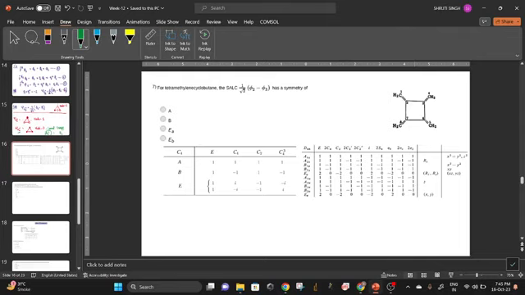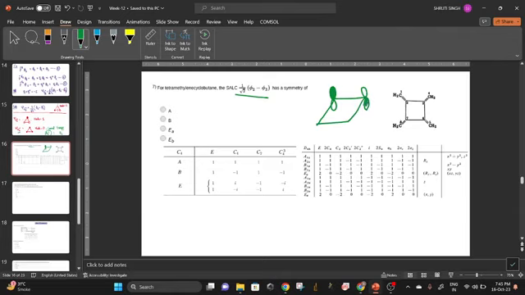Now let's see, we need to figure out the symmetry of this SALC. Now phi 2 minus phi 3 is this one. So phi 2 will be like this. Suppose this is the positive phase and phi 3 is negative.